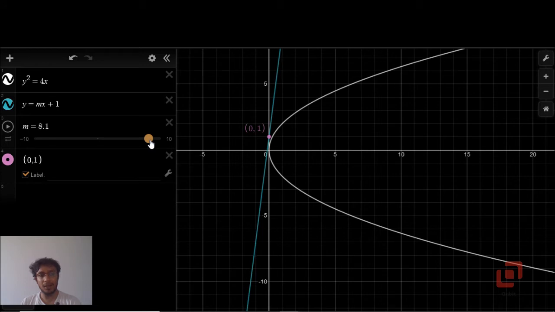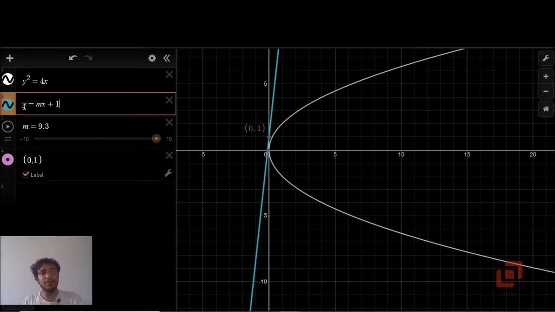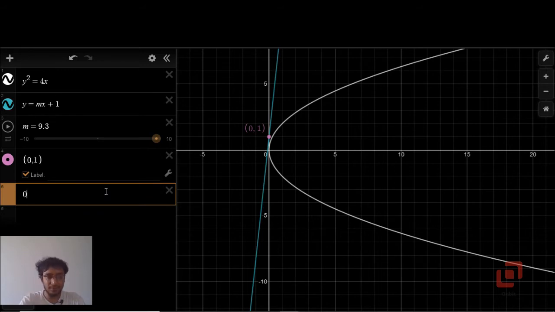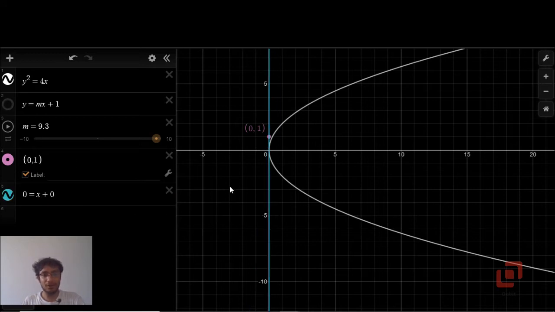No matter how large m is, there will always be a small non-negative angle between the line and the y-axis. If m is infinity, let us divide everything by m. If you do that, then LHS will be 0, mx will be x, and again 1 upon infinity is 0. So basically, which line did you now get? You actually got the y-axis.